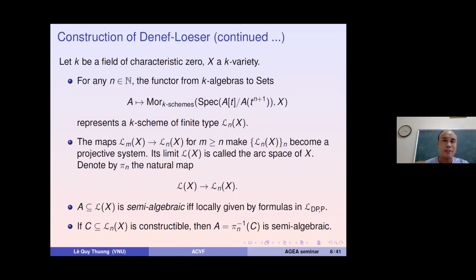This functor is representable, and it defines a scheme, which we call the n-th jet scheme. The jet schemes form a projective system where the map from L_m to L_n is generated by the truncation map. The limit is the arc space of X, and π_n is the natural map from the arc space to the n-th jet scheme.